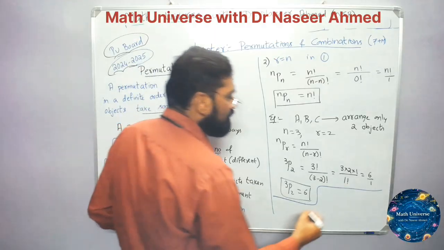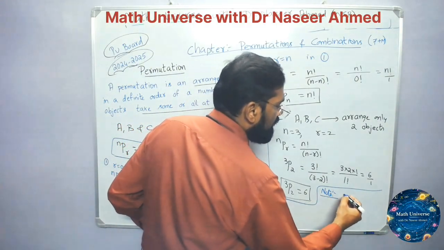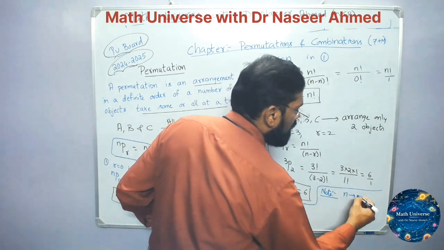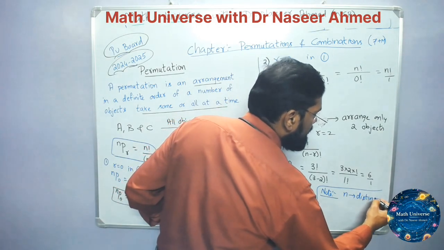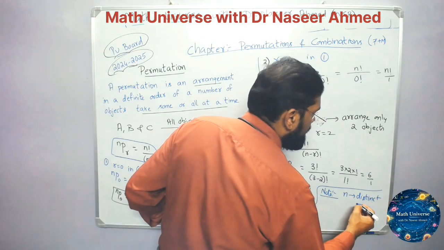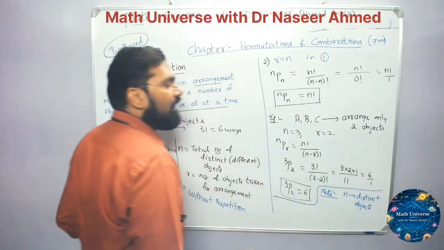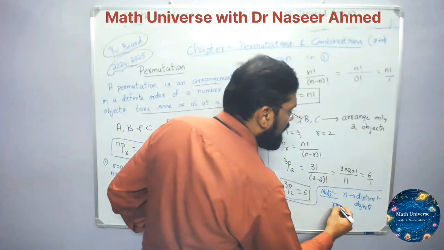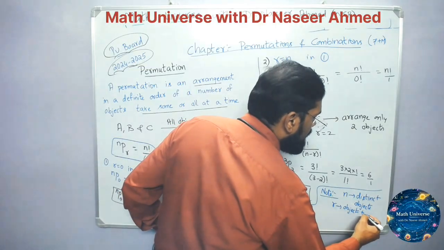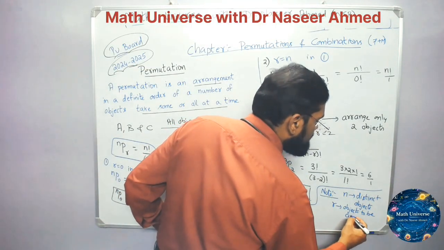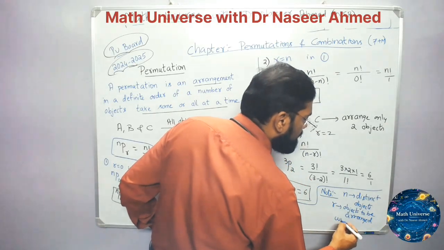Again, as a note, suppose I have n distinct objects, that is, different objects, and I want to arrange only r objects, but here the condition is with repetition.